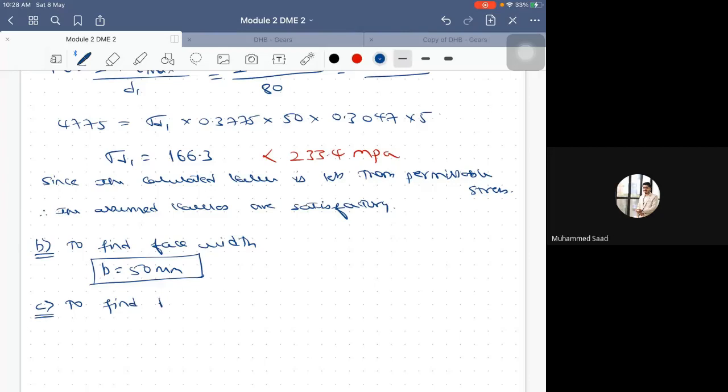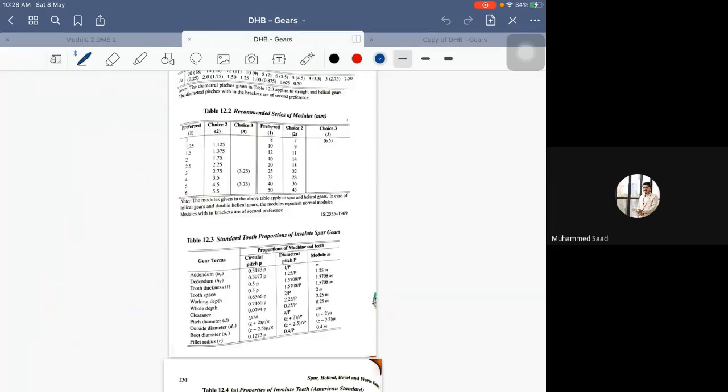To find the dynamic tooth load, which is the value of FD, take that particular equation, you know it very well. Kindly write the equation number, guys. I cannot look here every time.